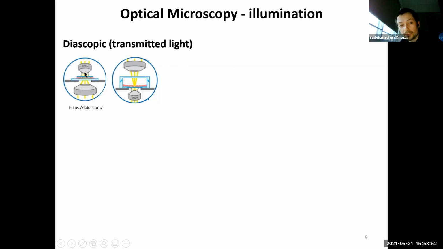Now we have two lenses. One is called a condenser, so the light comes from the condenser, and then we have the objective lens on the other side of the sample, which collects the light that has passed through the sample. Again, this can be in both inverted and upright configuration.